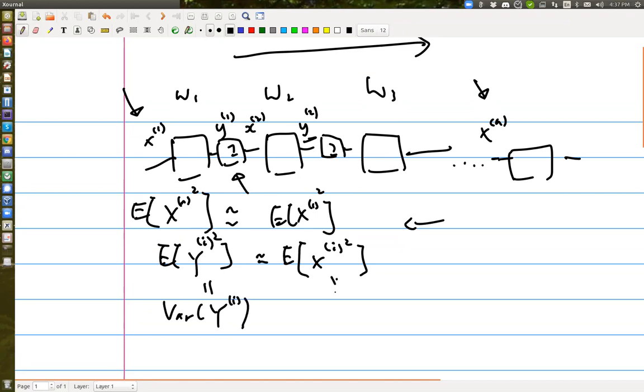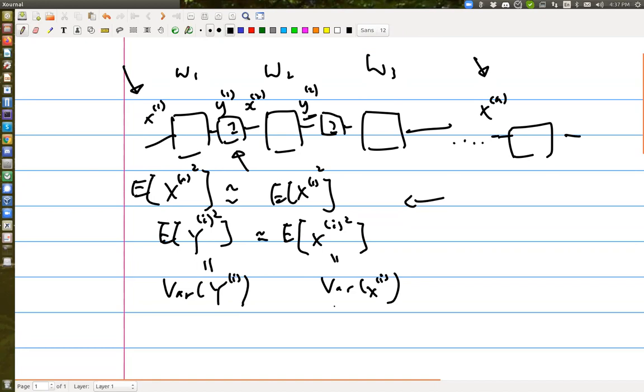And this is also the variance. So what we really want is that the variance is not going to change after we go through this layer here.